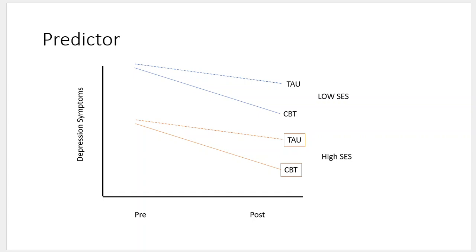So let's say predictor. Let's say we do a study of depression and CBT, and we randomize people to either TAU or treatment as usual or CBT. You will notice that the people in the low SES group have more depressive symptoms at baseline, and they have more depressive symptoms post-treatment.